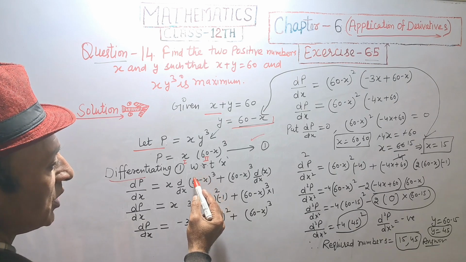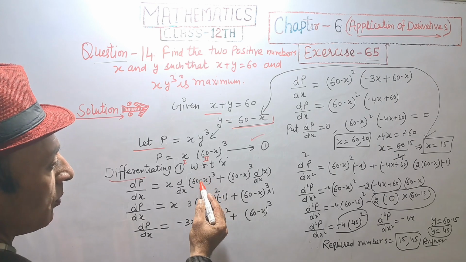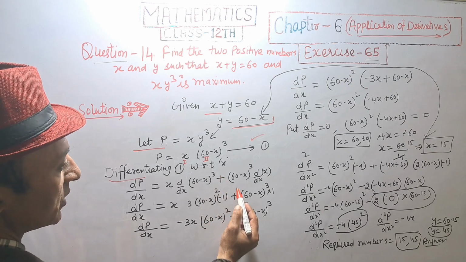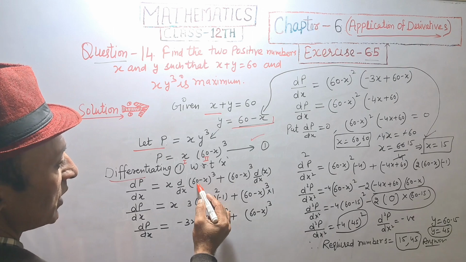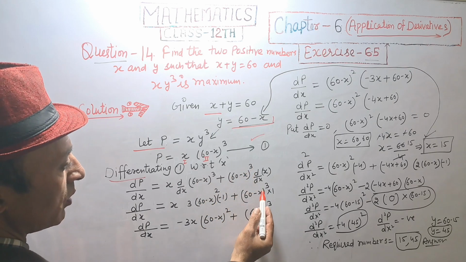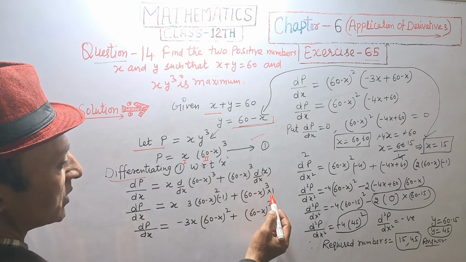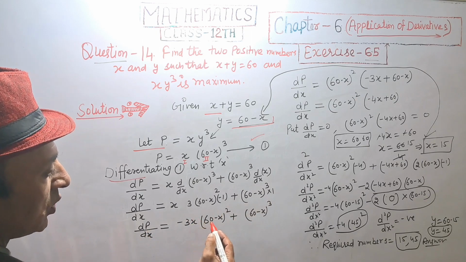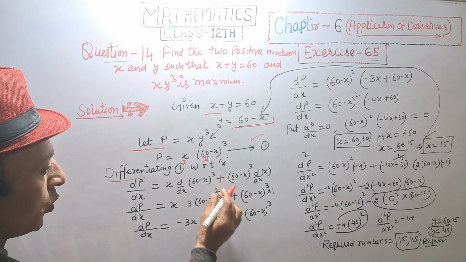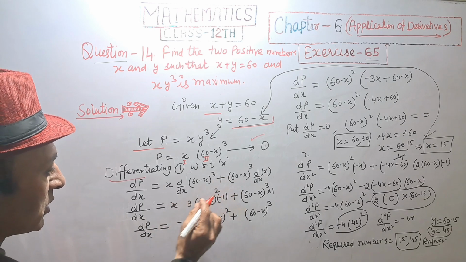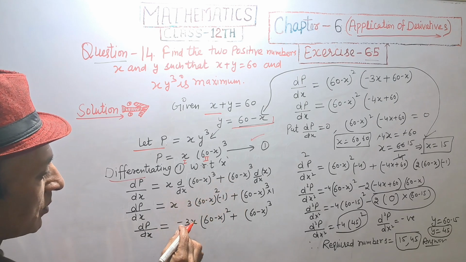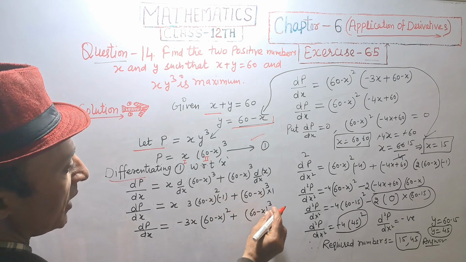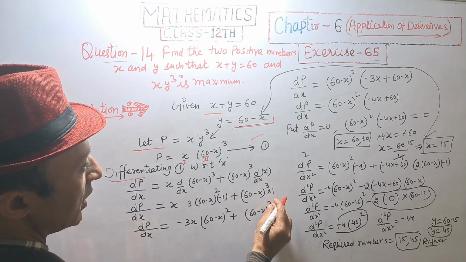Derivative of 60 is 0 and differentiation of minus x is minus 1, plus second function (60 minus x) raised to power 3 as it is and derivative of x, that is 1. dp upon dx we get minus 3x into (60 minus x) raised to power 2, minus 3 into x, that is minus 3x, plus x into (60 minus x) raised to power 3.